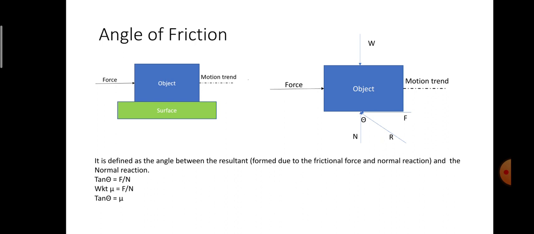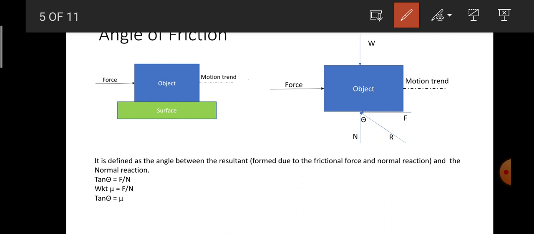As we know that F and N are in perpendicular directions, we can obtain their resultant. The resultant will always be along this direction if both are in the inward direction.